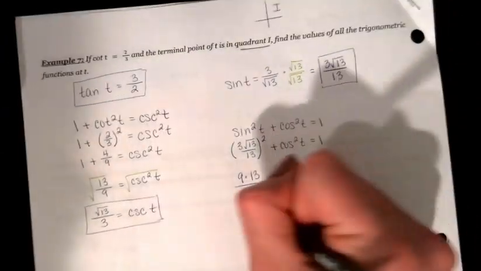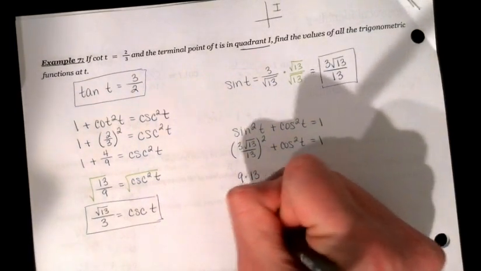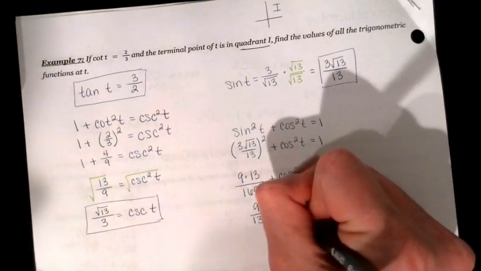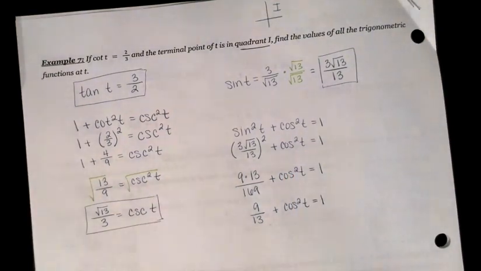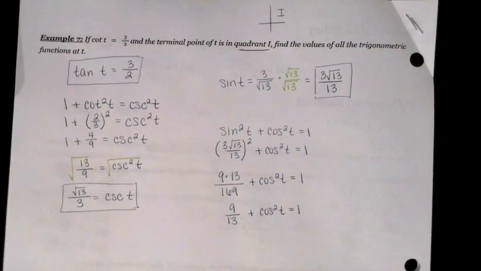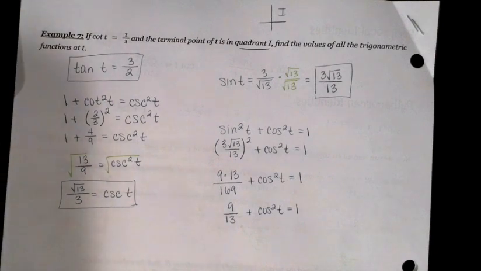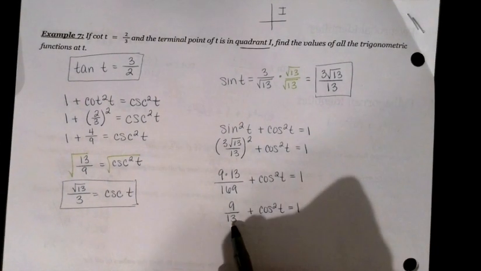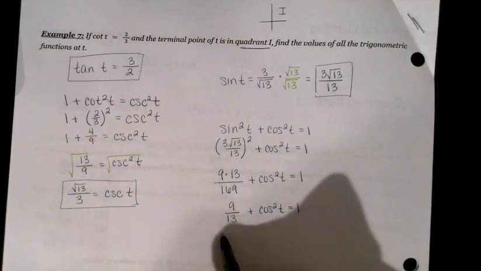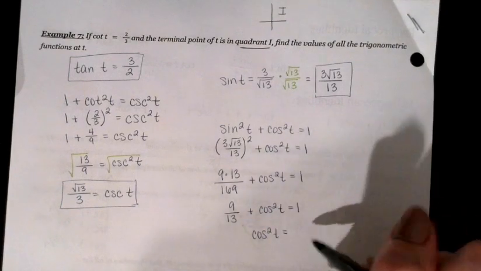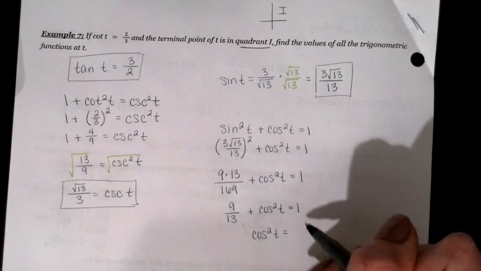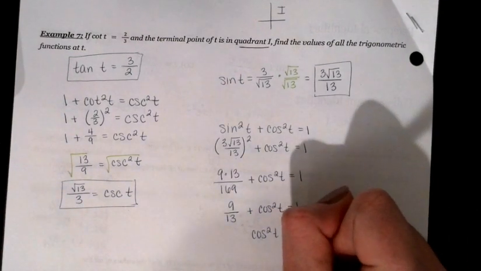So I'm going to rewrite this again as 9 over 13 plus cosine squared equals 1. And then I want to solve for cosine. So I am going to subtract this fraction from both sides, so it'll cancel out over here. And I'm left with cosine squared equals, when I subtract 9/13 from 1, I'm left with 4/13.